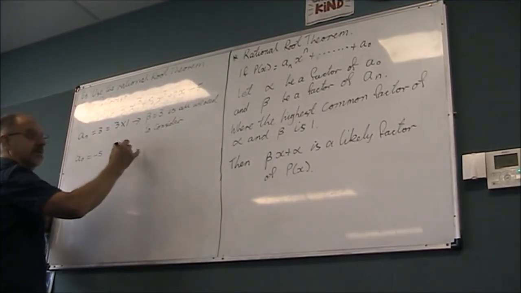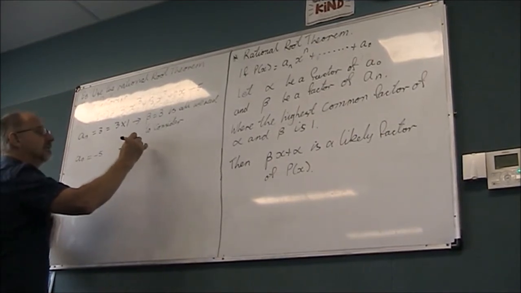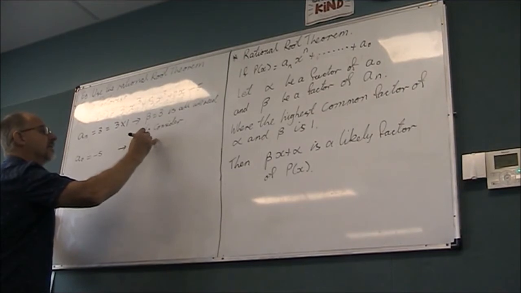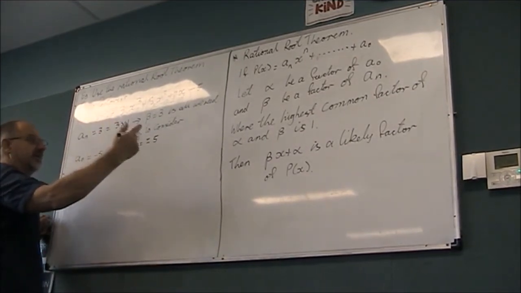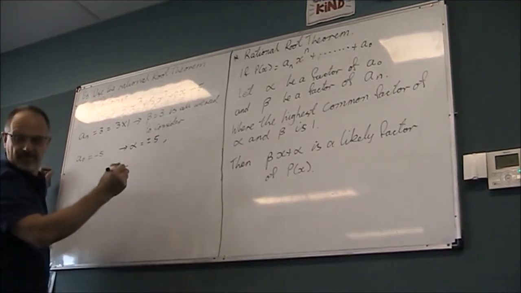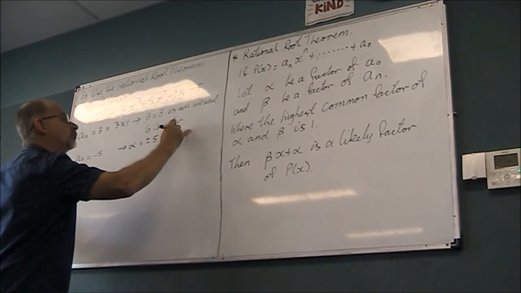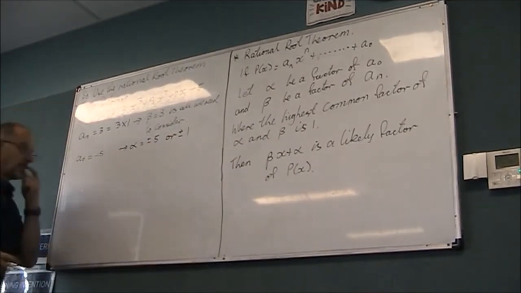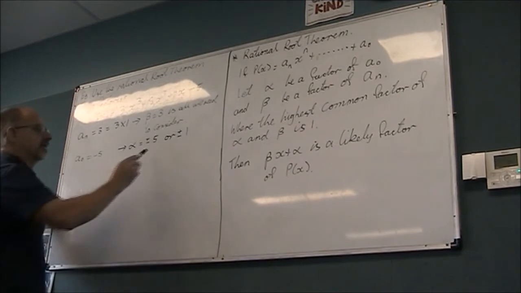So what we need to then consider for alpha is plus or minus 5. So the plus 5 will go with the -1, or minus 5, and the minus 5 goes with the positive 1. So these are factors.